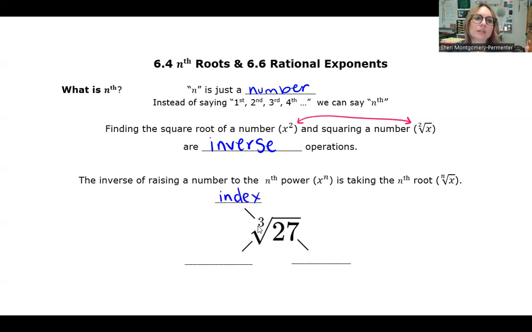The number that is sitting on the little seat of your root. The actual root symbol is called a radical. And the number underneath the radical, or the stuff underneath, is called a radicand.